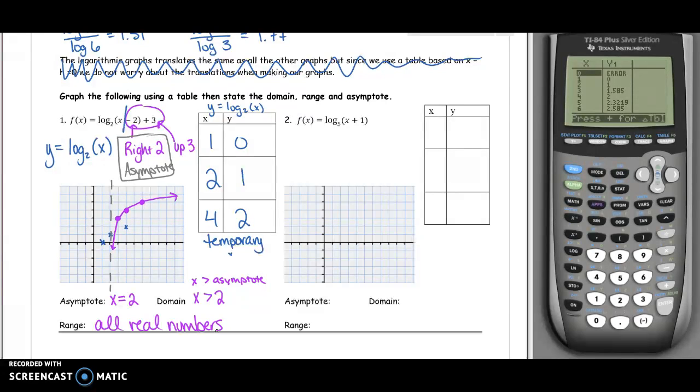Number 2, again, we are going to do everything up to the x. So keep everything up until the x. Y equals log base 5 of x. That's what I'm going to plug into my graphing calculator to get my temporary points.